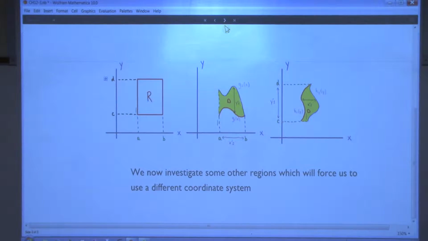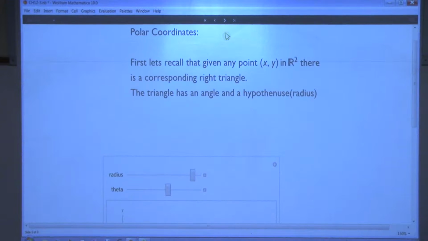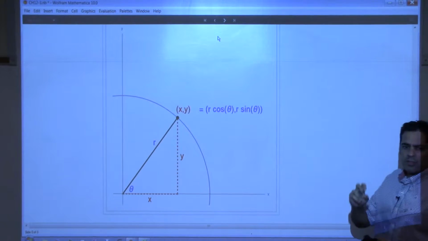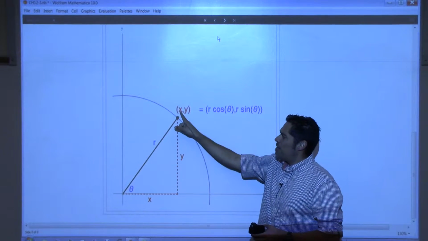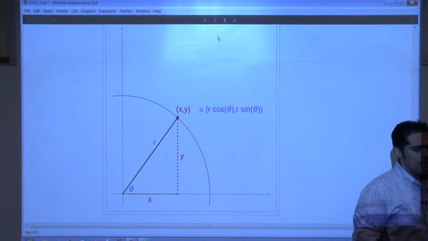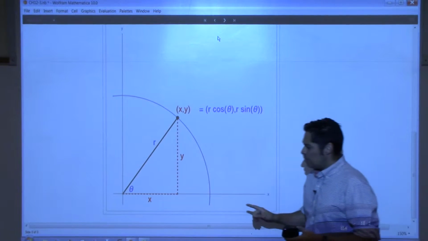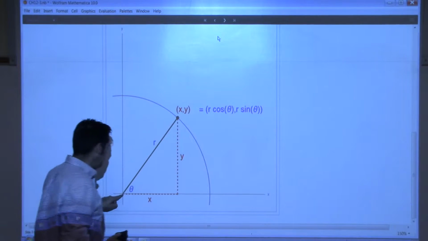Now what we are going to do is look at some more interesting regions that we can't easily describe using our Cartesian coordinate system. First, remember that if somebody gives us a point in 2-dimensional space, it must have an x and a y coordinate, right? The Cartesian coordinate system works by starting with a place we call the origin.